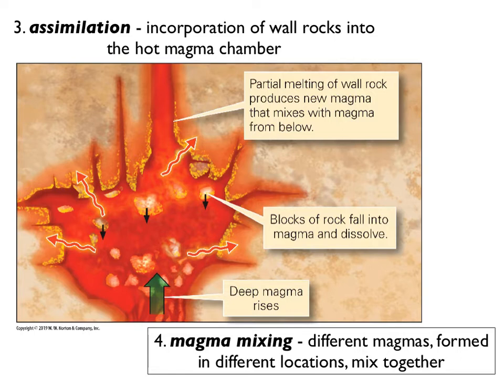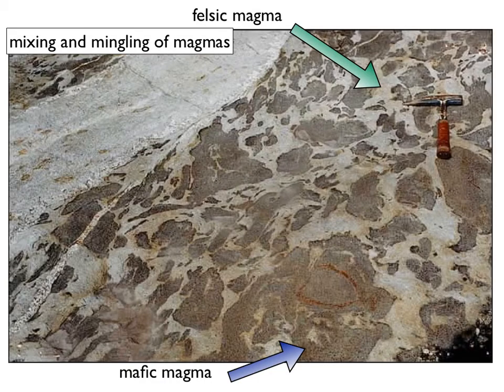And then lastly, of course, you can have two different magmas that mix together to form a third composition, and there's no figure for that. But I do have a photograph that I took in the field once in British Columbia.